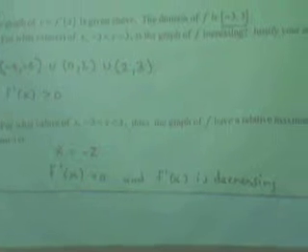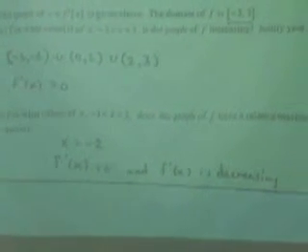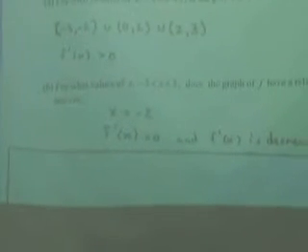You could have also said that the second derivative is what? The second derivative is negative. Concavity of the second derivative is irrelevant, right? If we're looking at the second derivative, we don't really care what its concavity is.